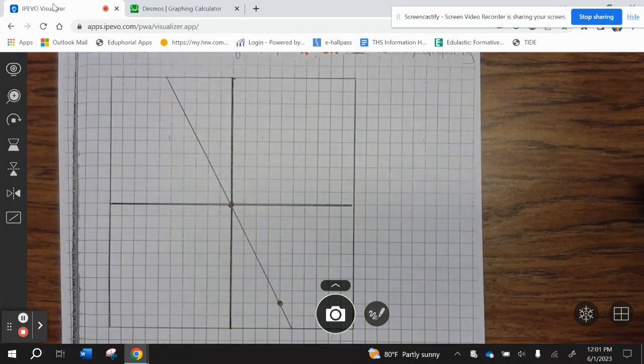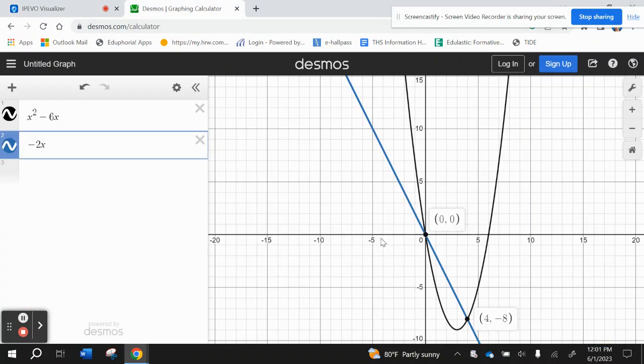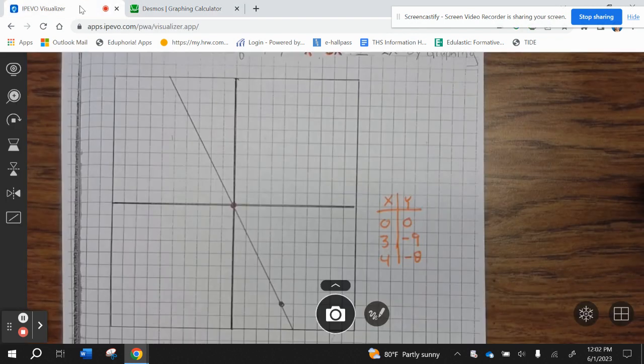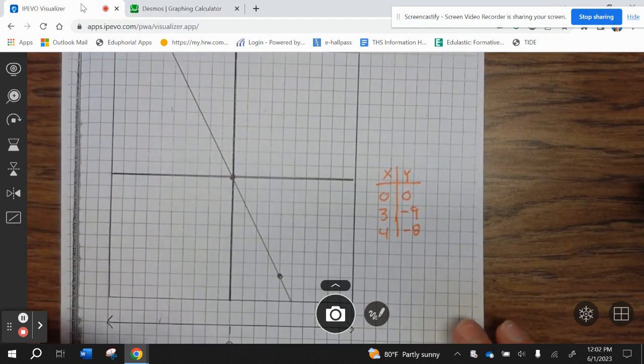All right, now let's go ahead and graph the parabola. We have already 2 points we can use, and let's get the vertex 3, negative 9. Now these are going to be closed circles because there's a line underneath.